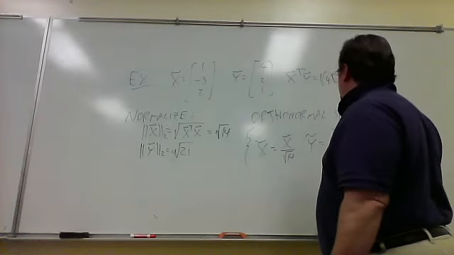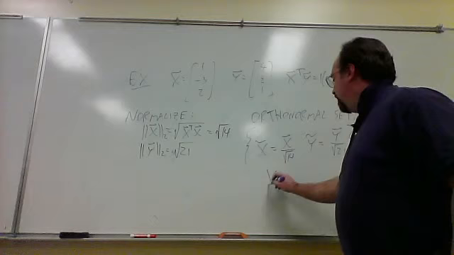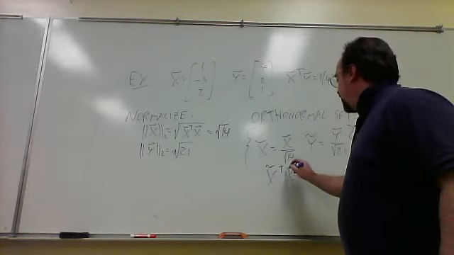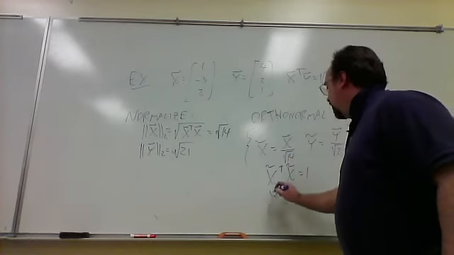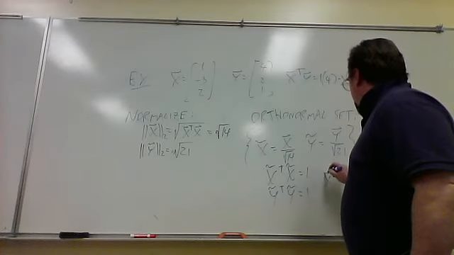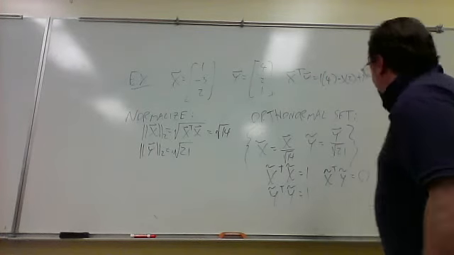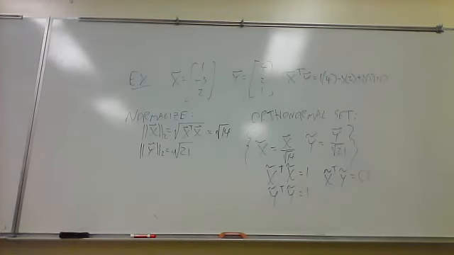These two vectors form an orthonormal set because x tilde transpose x tilde is 1, y tilde transpose y tilde is also 1, but x tilde transpose y tilde is 0. So you have a set of any number of vectors that are pairwise orthogonal, but they're all unit vectors, or all normalized. That's where the name orthonormal comes from.